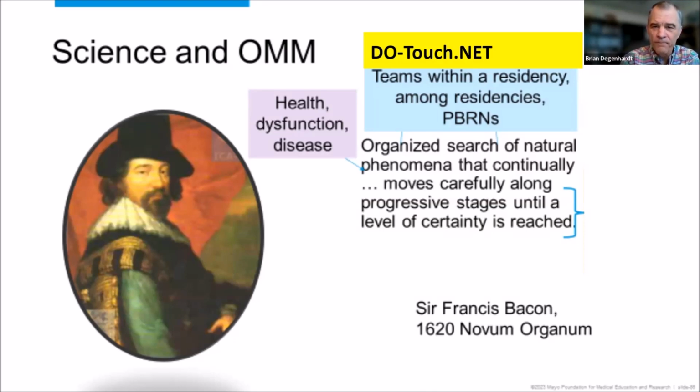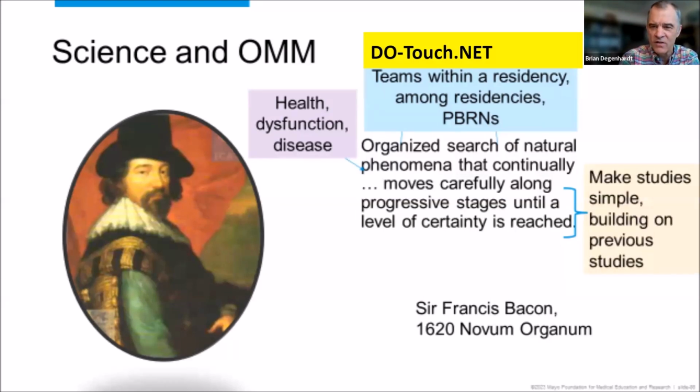And then the research moves carefully along progressive stages until a level of certainty is reached. Too often within osteopathic manipulative medicine and related fields, we are looking for one study that answers all questions, and that's just not realistic.